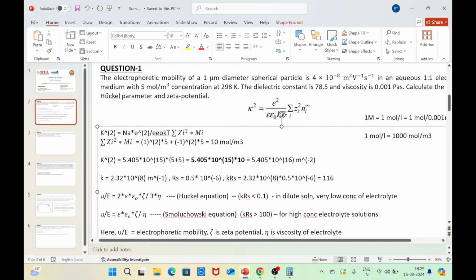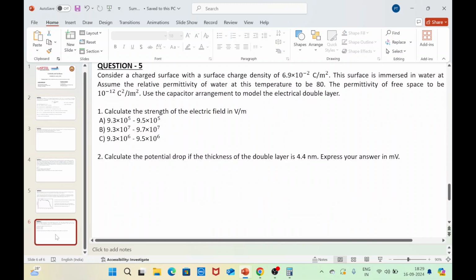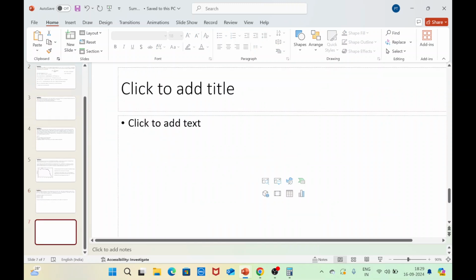In the video lecture named Electrophoretic Mobility and Zeta Potential Part 2, it is clearly explained what to do if your KRS is between 0.1 to 100. In that case, you are supposed to use the Henry's equation. So the Henry's equation goes something like this.